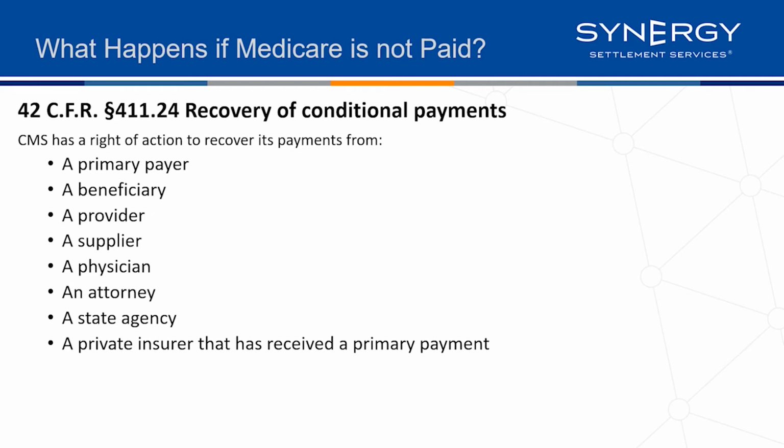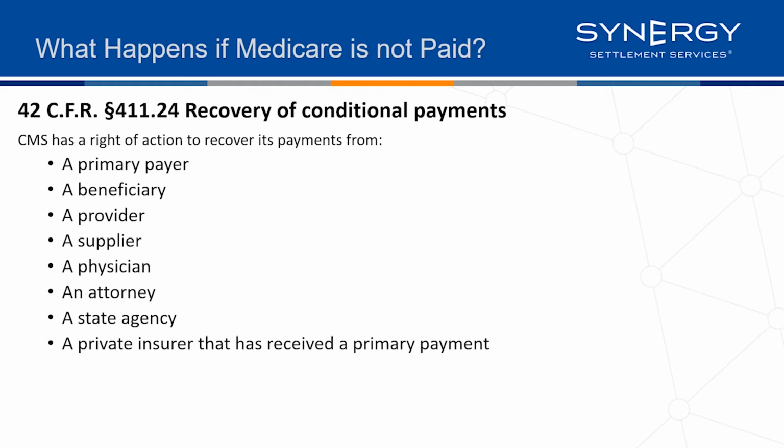The reason everybody is concerned about reimbursing Medicare is that there are some significant penalties that can come into play when Medicare is not paid. 42 CFR 411.24 says that CMS has a right of action to recover its payments from a primary payer, a beneficiary, provider, supplier, physician, attorney, state agency, and a private insurer that has received a primary payment.